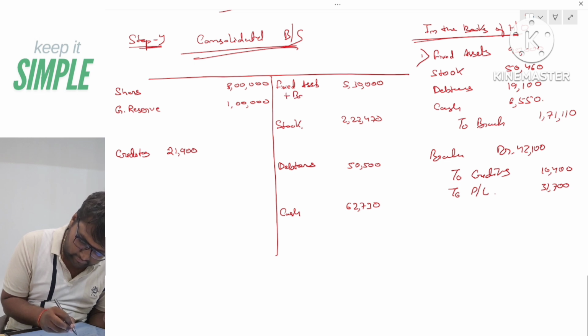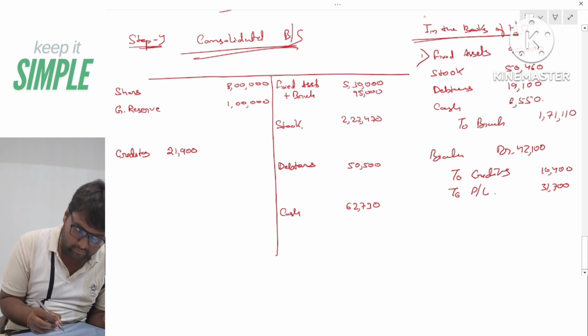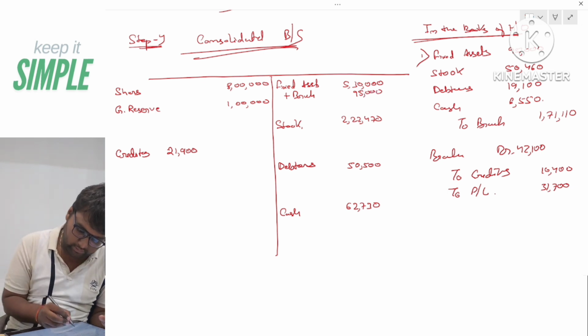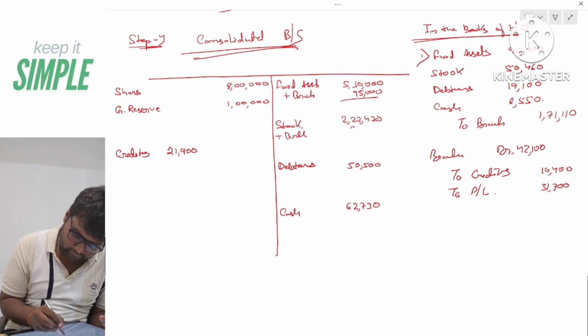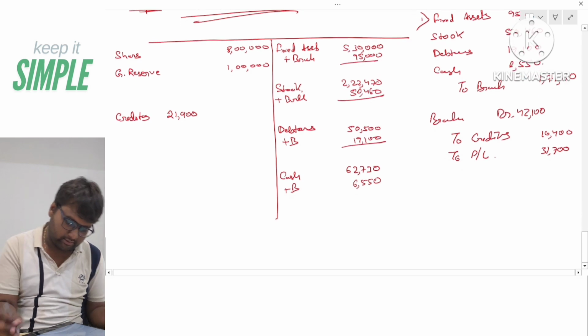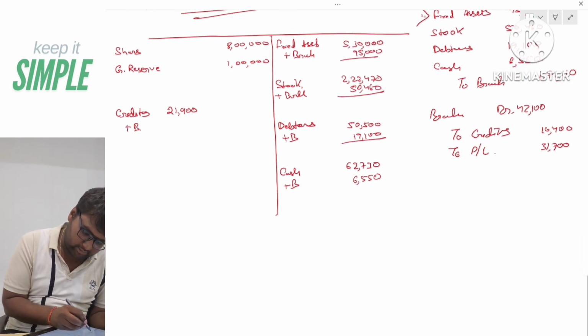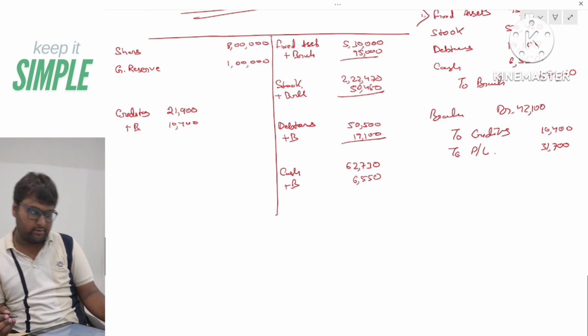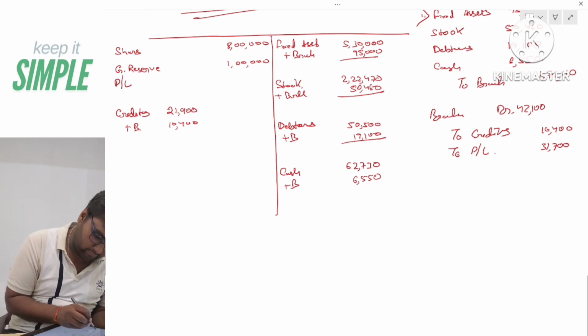Branch 95,000, here branch 50,460, here branch debtors is 19,100, here branch 6,550, then here creditors branch 10,400, then profit and loss.